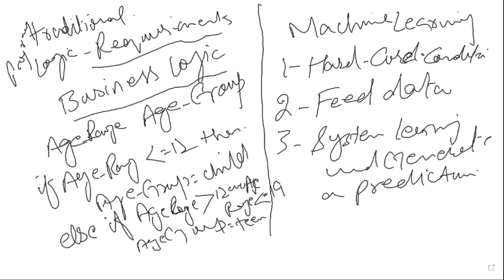So we have three steps. First, there is no hardcoded condition in our machine learning solution. We always work on the data. So that tells us that first, the machine learning is heavily depending upon data.